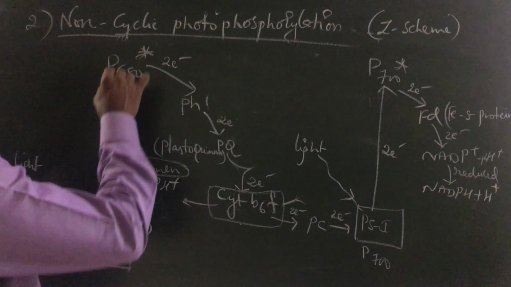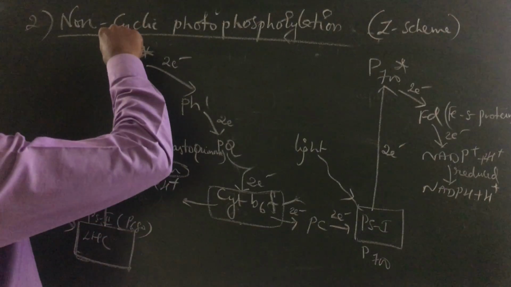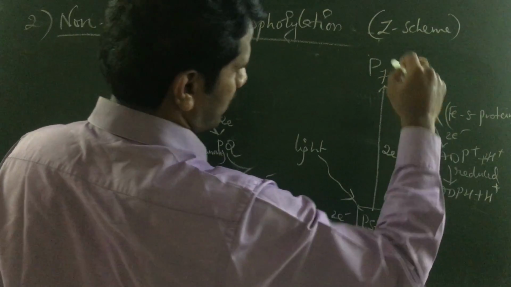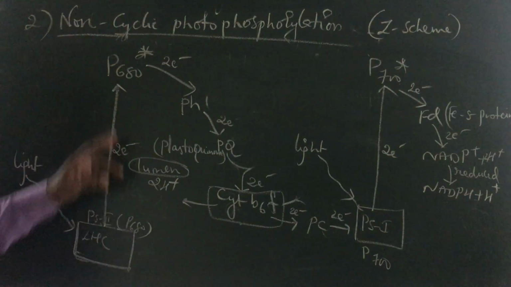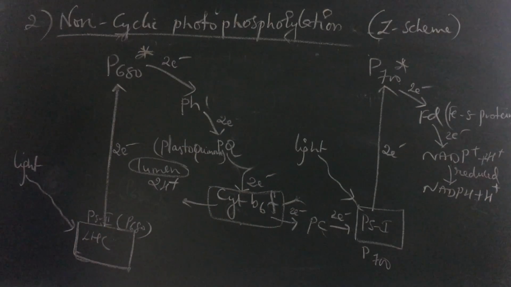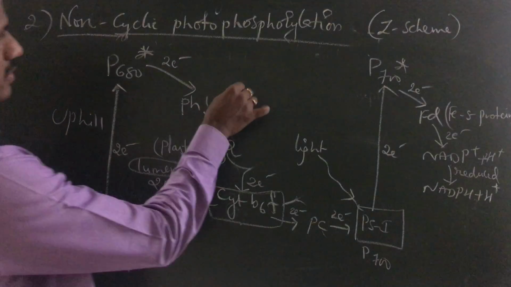See, this is moving in this direction, upstream. So this is called uphill, downhill, uphill, downhill. So it is just like a Z shape. That is why this is called a Z scheme. This pathway is called a Z scheme because it is a Z shape due to the uphill and downhill.